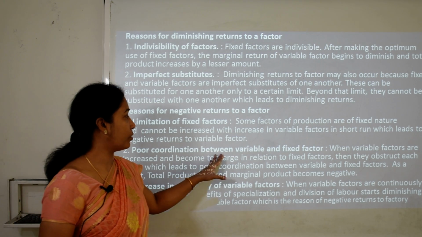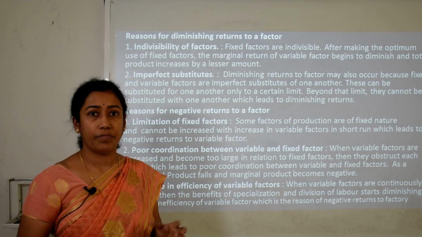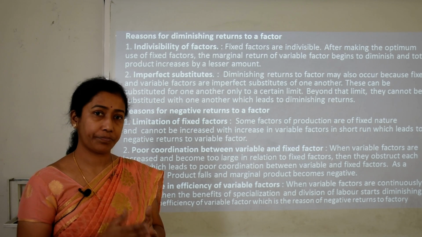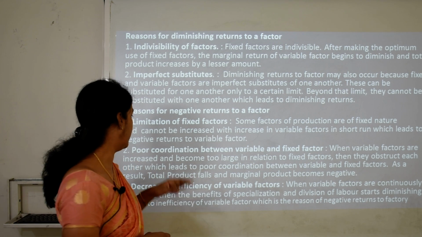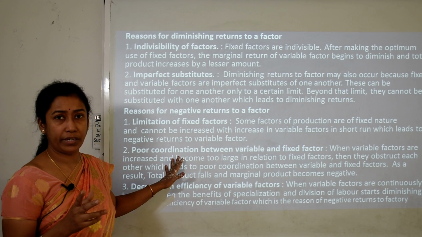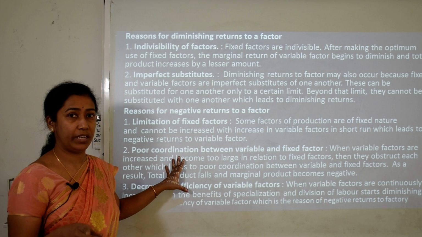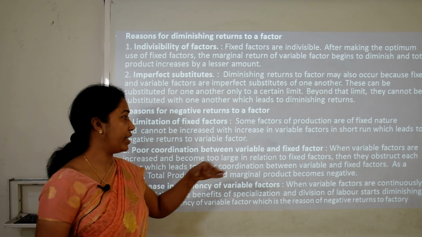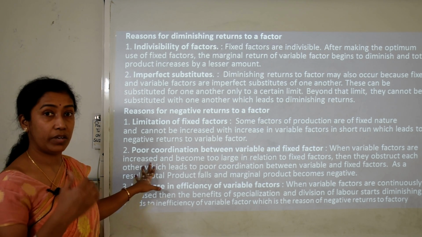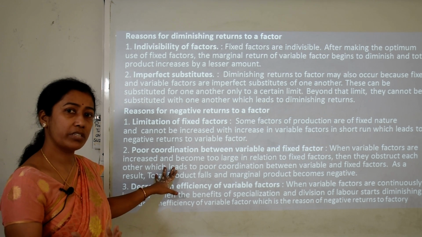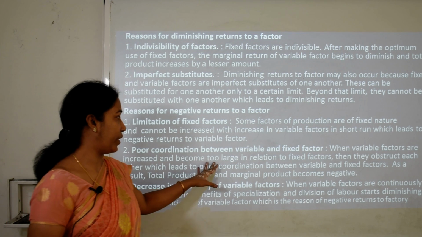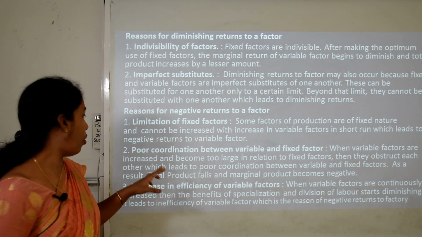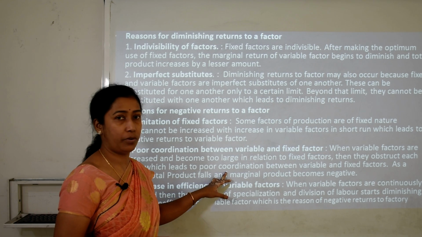Second can be poor coordination between variable and fixed factors. That means, as I said, both are imperfect substitutes of each other. In the same way, if there is poor coordination or combination of fixed and variable factor, then also it leads to negative returns. Like when variable factors are increased, that means we are employing more and more labor on a small piece of land, which is the fixed factor, and the variable factor is too large in relation to the fixed factor, then they obstruct each other, which leads to poor coordination.